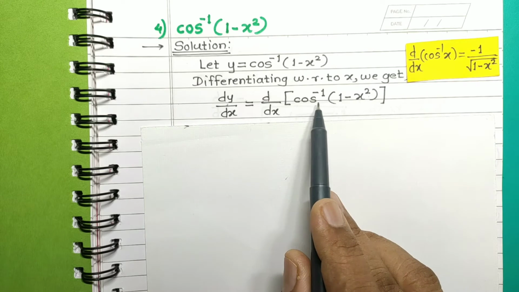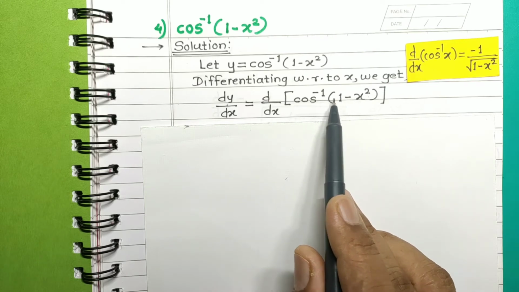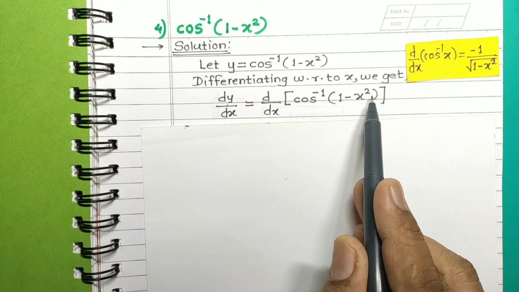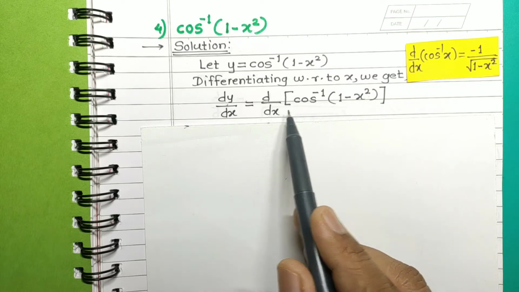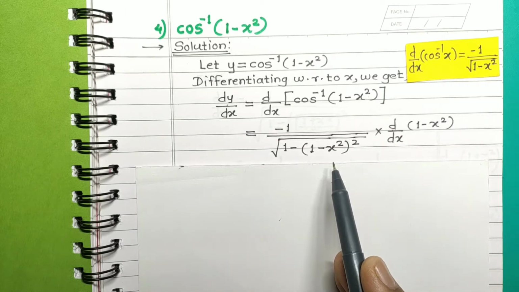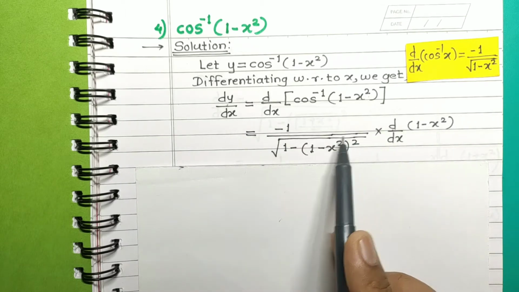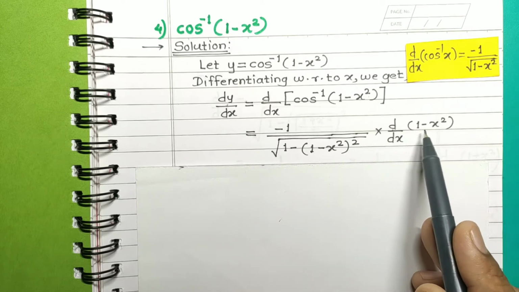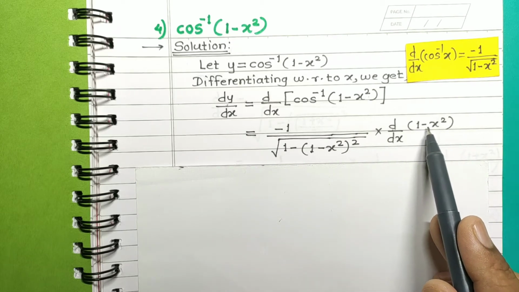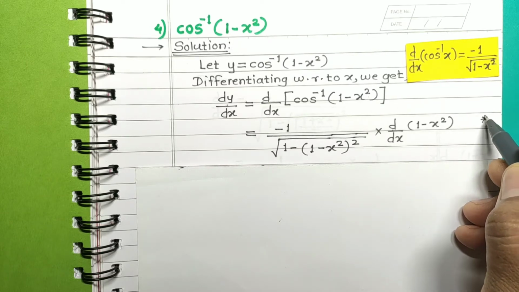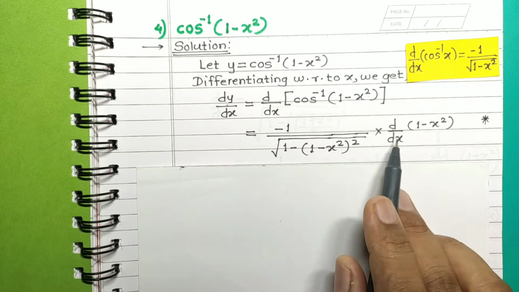So treat this function as cos inverse of something, and this something function is 1 minus x square. So derivative of cos inverse of something is minus 1 upon square root of 1 minus something square into derivative of something, which is 1 minus x square. Okay, note this step, we have used chain rule here.